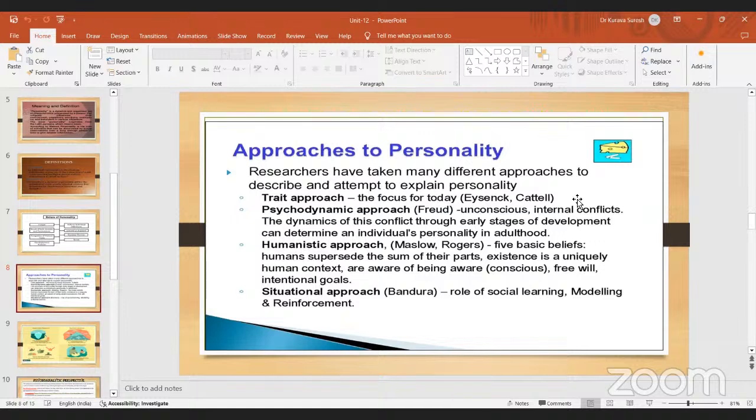Humanistic approach: Maslow and Rogers' five basic beliefs. Situational approaches: Bandura, the role of social learning, modeling and reinforcement.